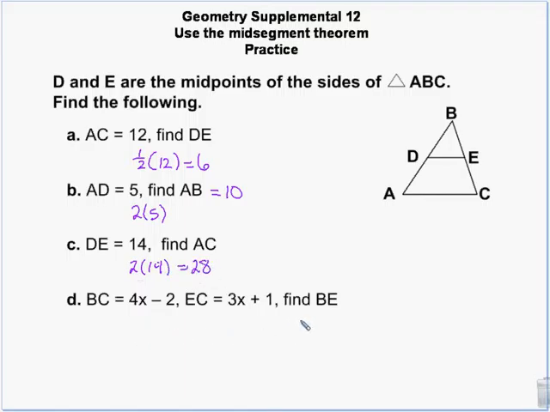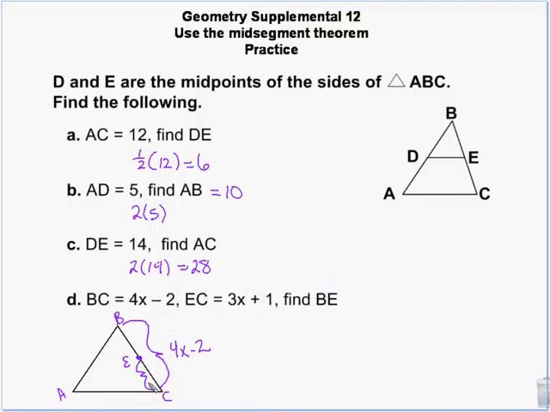And now we'll throw some algebra in. So I'll redraw the triangle so we can label it nicely. I'll just put an E right here. This whole length is 4x minus 2.